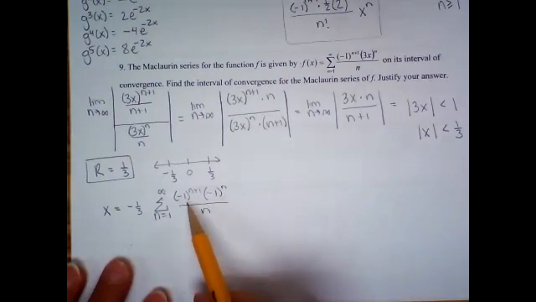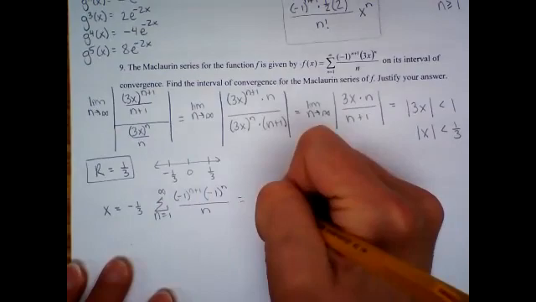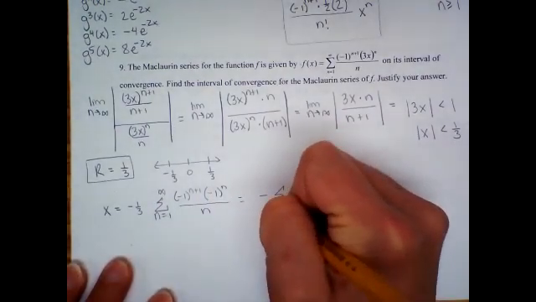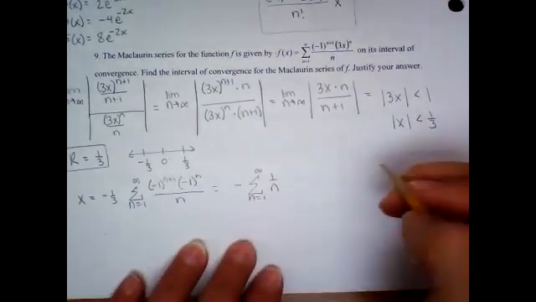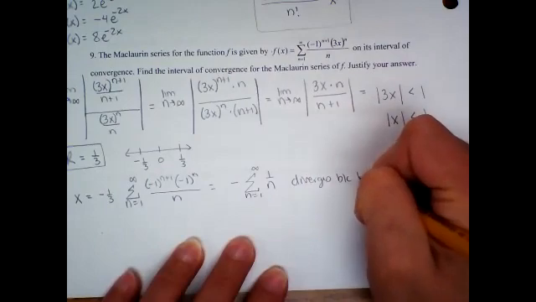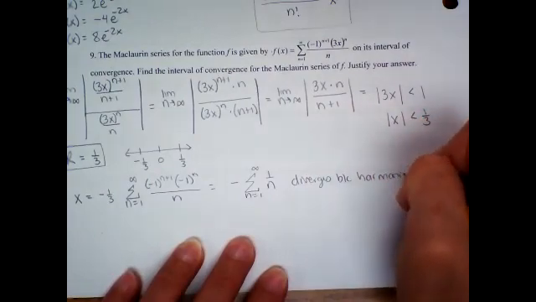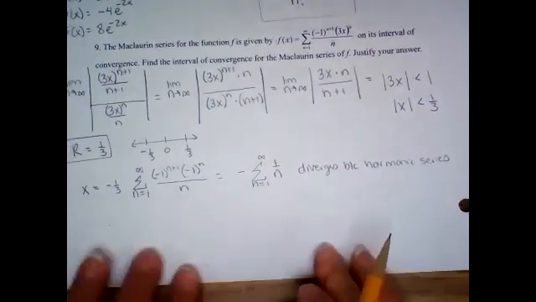So if all the odd terms and all the even terms are negative, the whole thing is just negative. So it's a negative series for 1 over n. And that's the harmonic series, so that diverges. I'll just go ahead and write harmonic series. Or you could say because it's a p series where p equals 1.